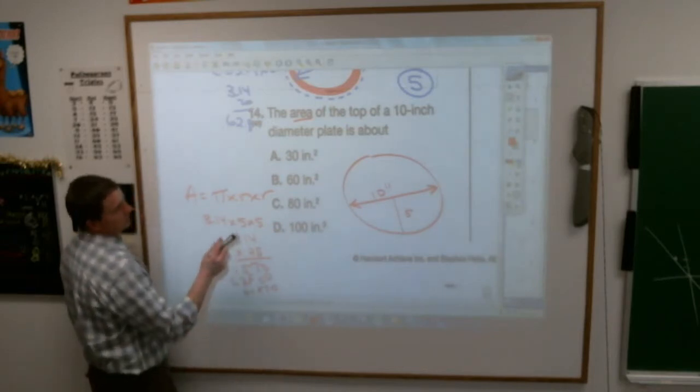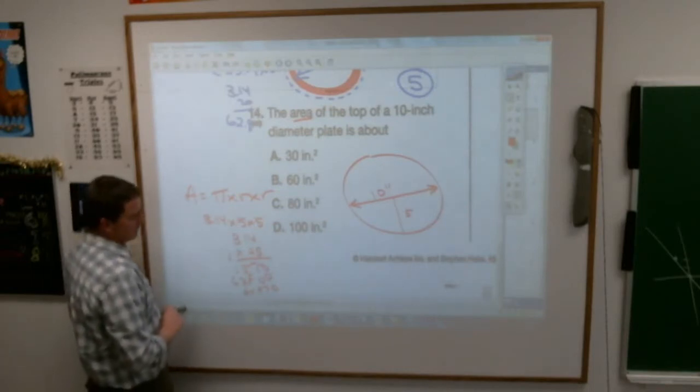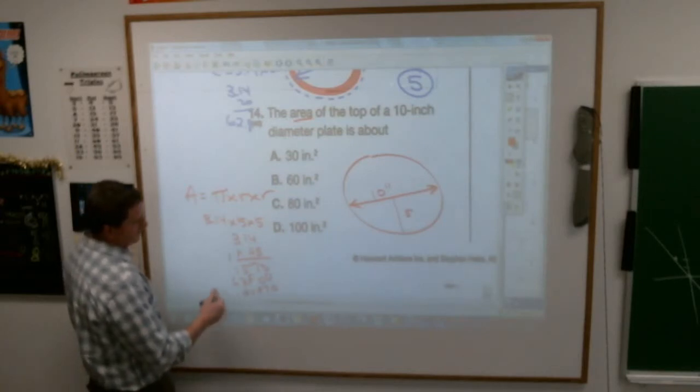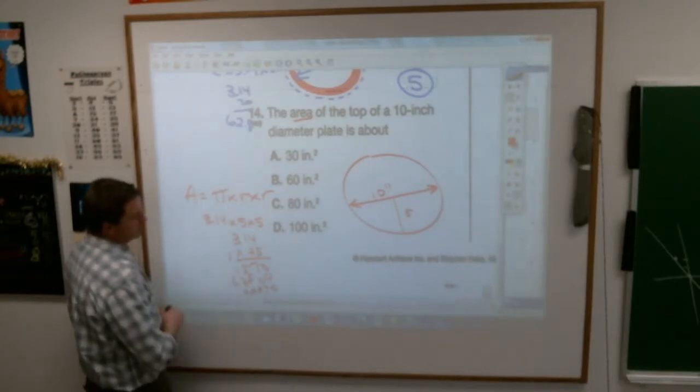Let's say to round it, it's about how many? Did I get that right? No, I didn't do it right. It should be 7 somehow here. What did I do wrong? Let's do that again.